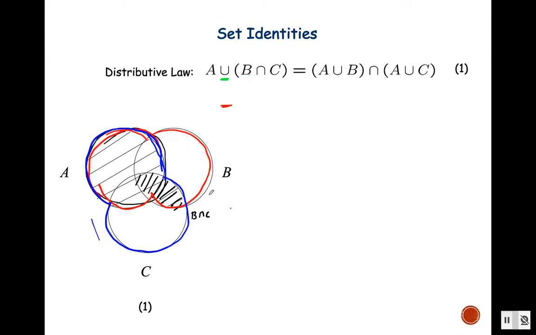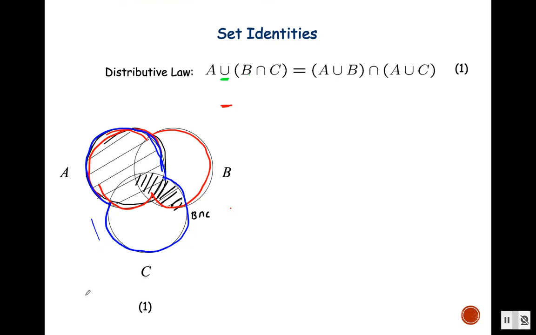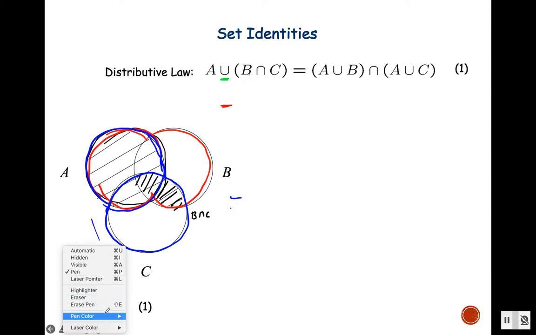Now can you find out the intersection of this red and blue? So where we have both red and blue together. All right, so for blue, actually the blue will be also here, and the red are also here.